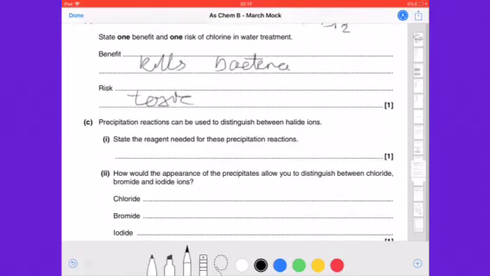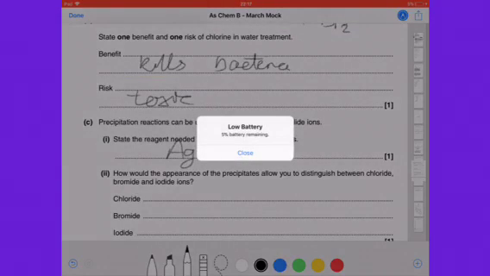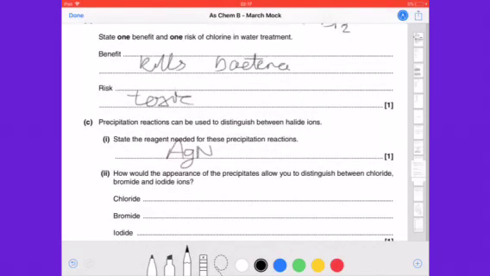The reagent needed to test for the halide ions is silver nitrate, or just AgNO3. And the precipitates that come along with that are white, cream, and yellow.